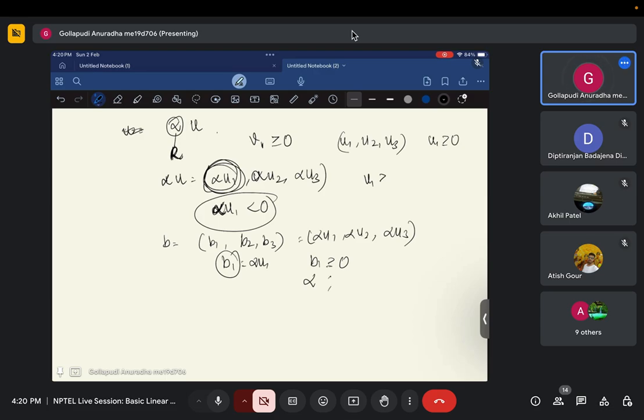Do you understand? The possibility is there. So the set of vectors with the given constraint cannot form a vector space, because this condition is not satisfied. Do you understand? Yes, ma'am.